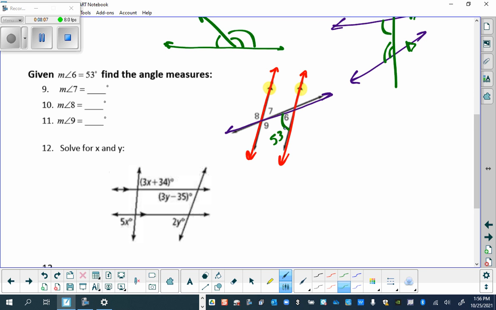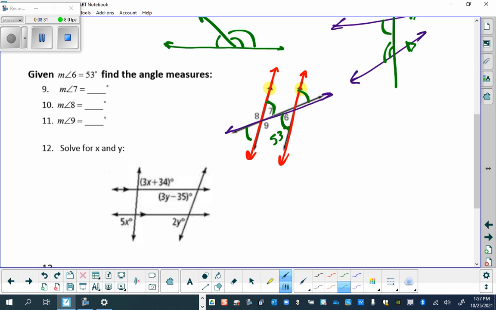Angle 6 is 53 degrees. Hey, this is vertical, 53 degrees. This is an alternating interior angle, 53 degrees. This is a corresponding angle to this one and a vertical angle to that one, 53 degrees.